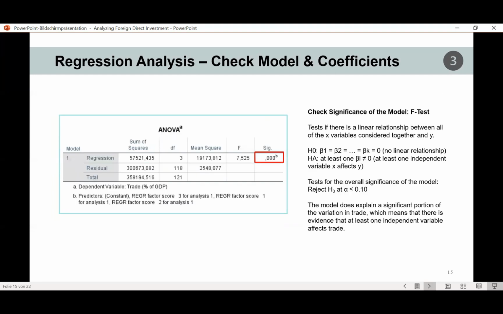Nevertheless, it is not a problem, and we could go on with checking the significance of the model by using the F-test, which tests if there is a linear relationship between all the independent variables considered together and the dependent variable. With a p-value of 0.000, the model does explain a significant portion of the variation in trade, which means that there is evidence that at least one independent variable affects trade.